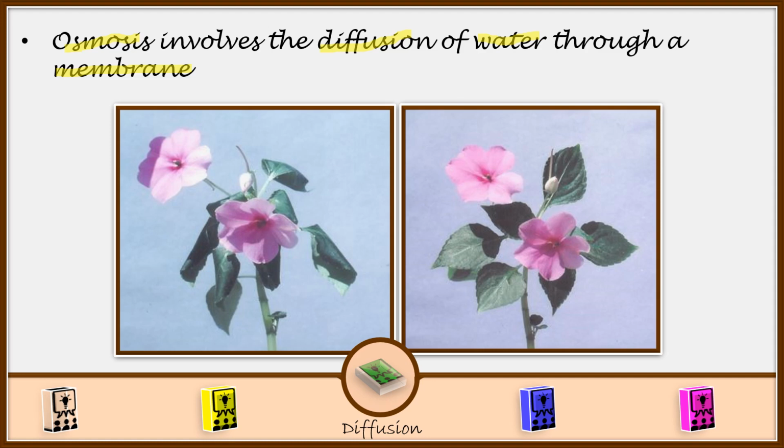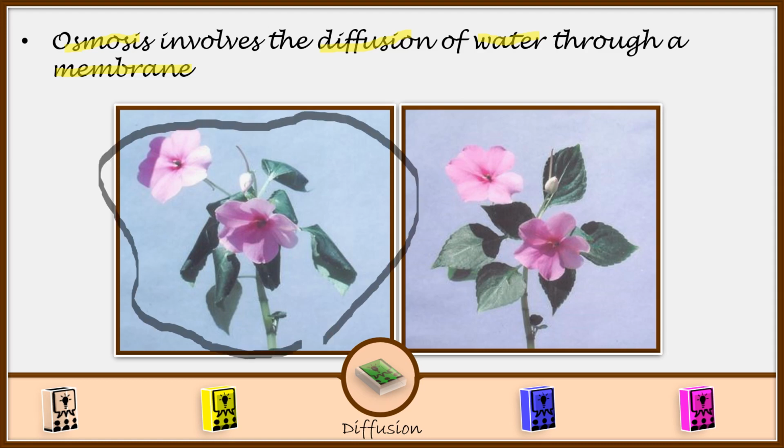In the beginning, we talked about this plant, that the plant is wilting because it lacks water. What is happening is that the plant is losing water to the atmosphere because of the diffusion of water through a membrane.